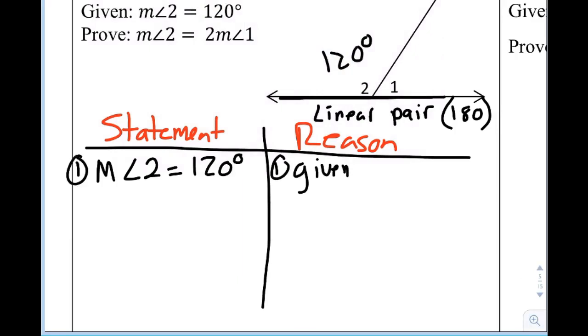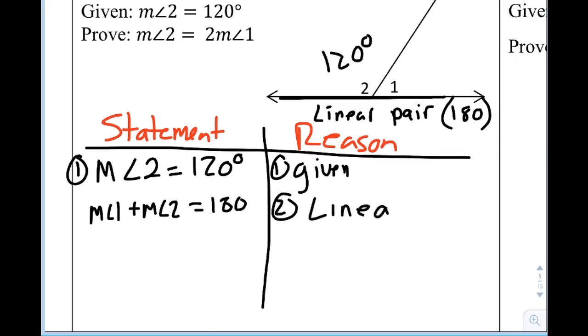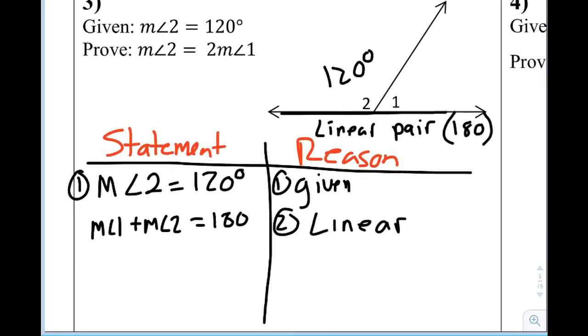Now the next thing that we need to do is take something from the picture that can help us set up an equation. And we know that the measure of angle 1 plus the measure of angle 2 will equal 180 degrees. And this is the linear pair postulate. I'm going to abbreviate linear pair.